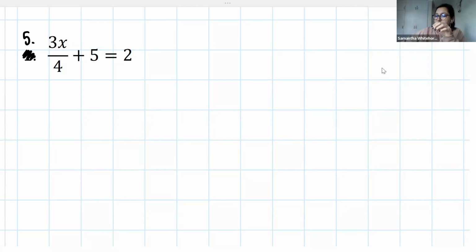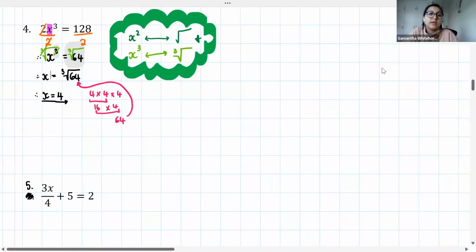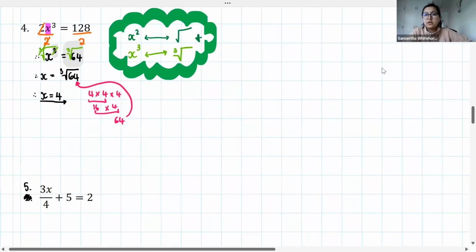Remember all of your inverse operations. So think about what the opposite of addition is, what the opposite of division is, and what the opposite of multiplication is. And through using all of that, you will be able to solve your equation. Morgan, I'm assuming because you would like to screenshot question 4, I will do that so that everyone can still see it.